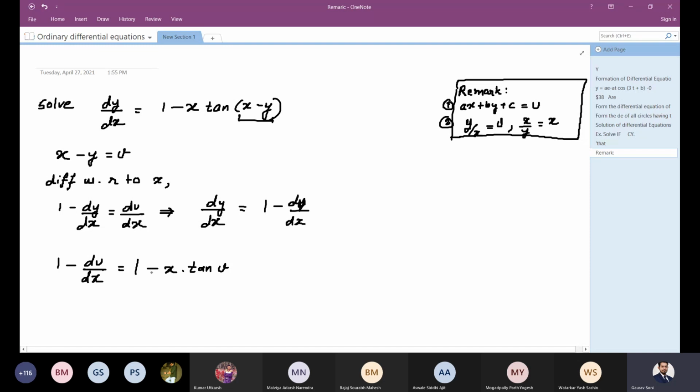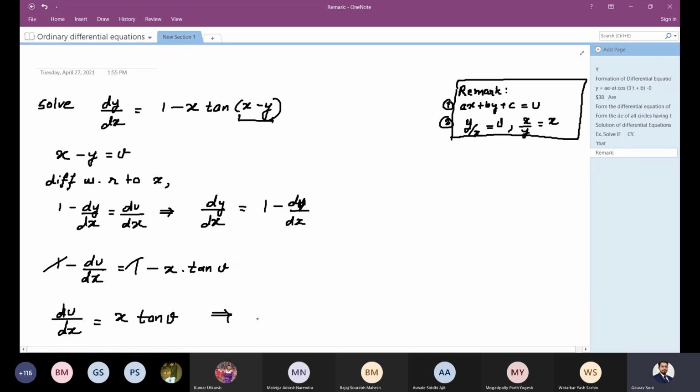Once we do the substitution, I can separate the variables. I hope you can go ahead with this now. This 1 and this 1 will get cancelled out, minus signs will be cancelled out, so du by dx is actually x times tan u.